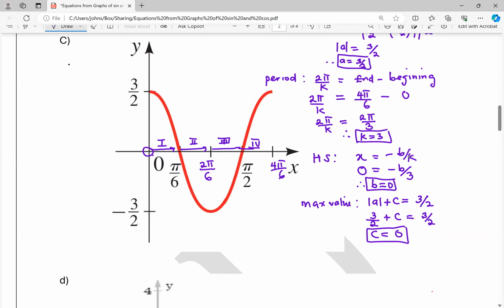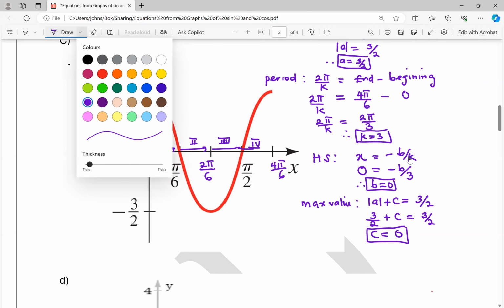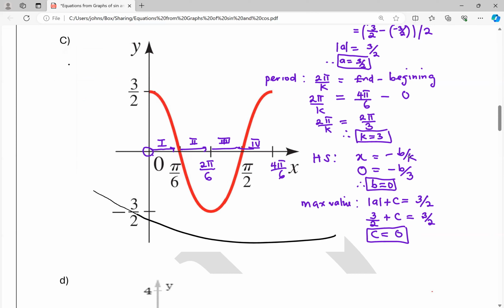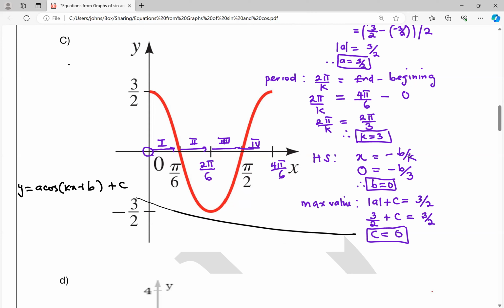All right. Now we're ready to write our equation now since we know all these parameters. So let's go here. So y equals to what? A cosine kx plus b plus c, right?